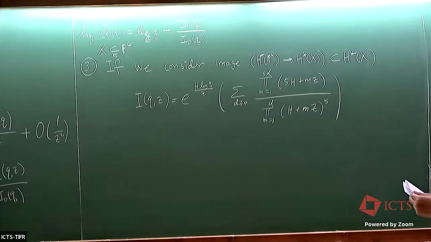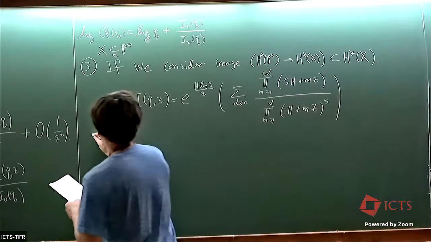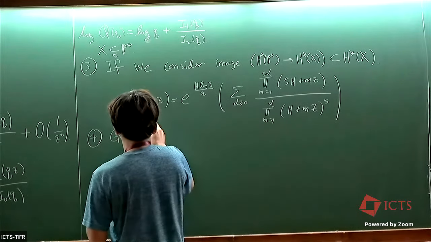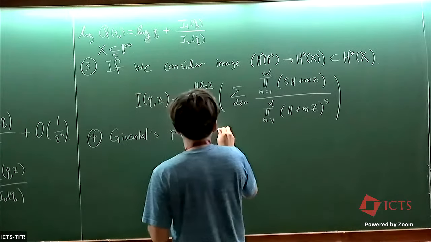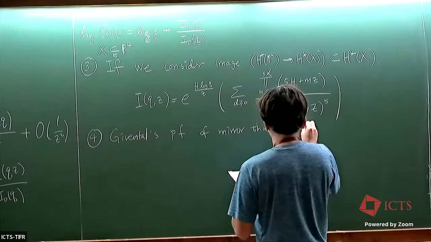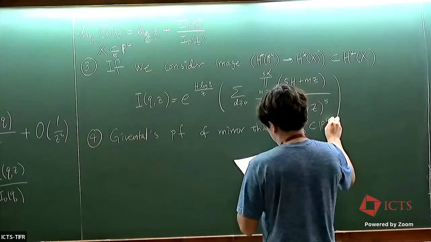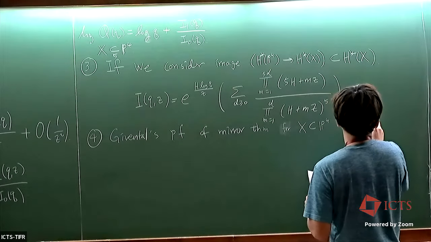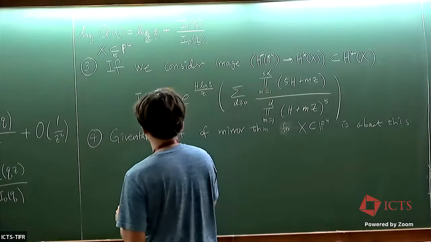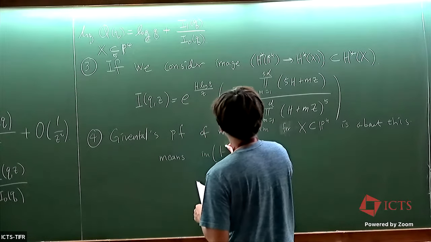Okay. And finally, this is the proof of the mirror theorem for this case, the quintic. It means we use the state space like the image over P4.